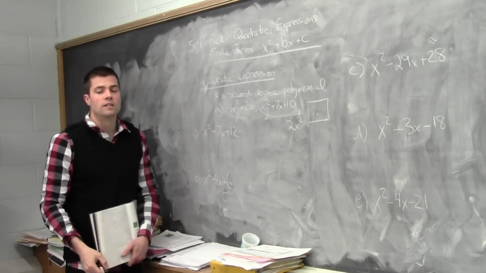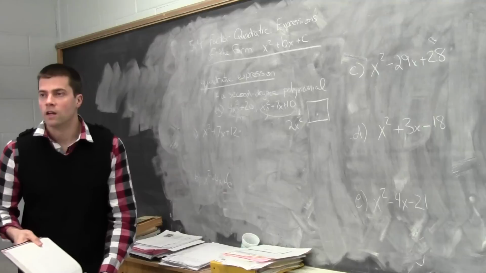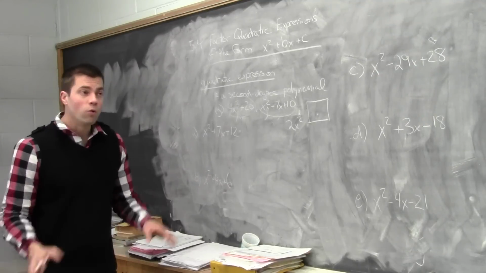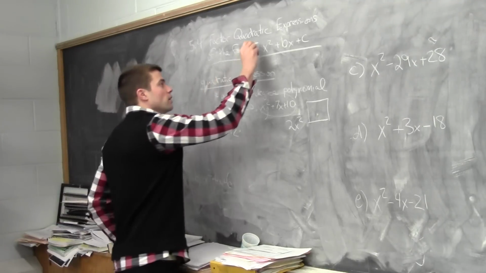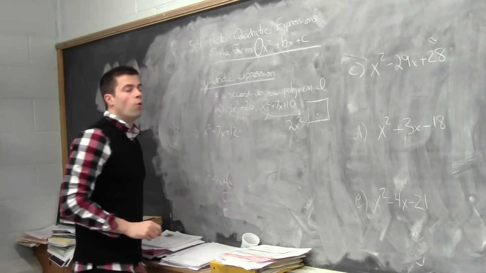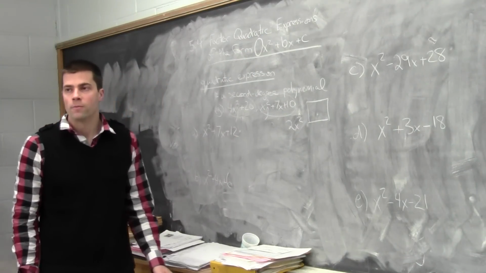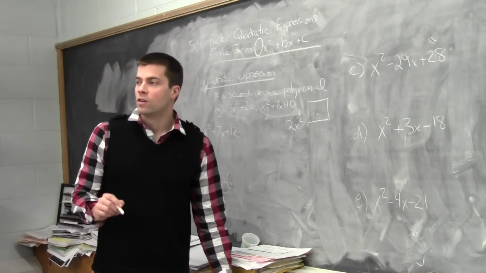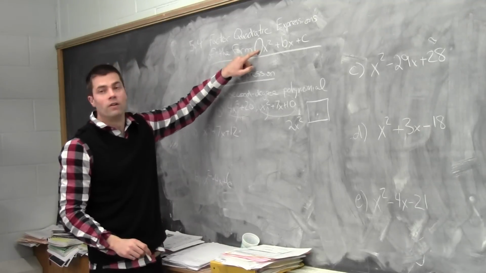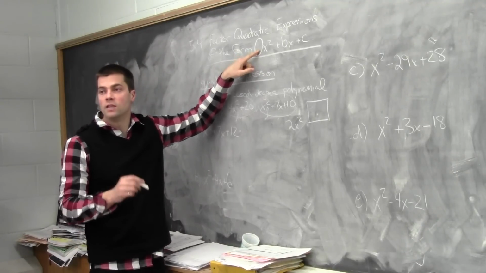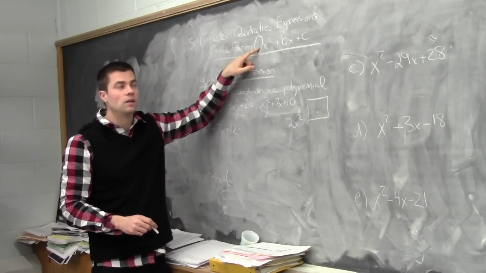So the key to today's lesson, and the only difference between today's lesson and tomorrow's lesson, is that there is no coefficient of x squared. Okay, I'm going to say that again. There's no coefficient of x squared. That's the only difference between today's lesson and tomorrow's lesson. All right?